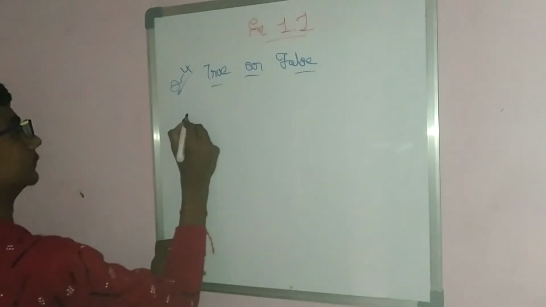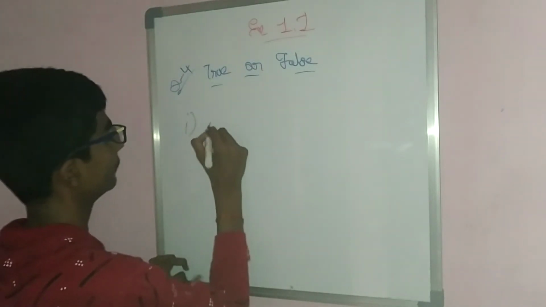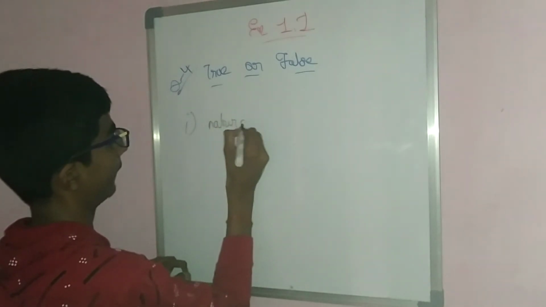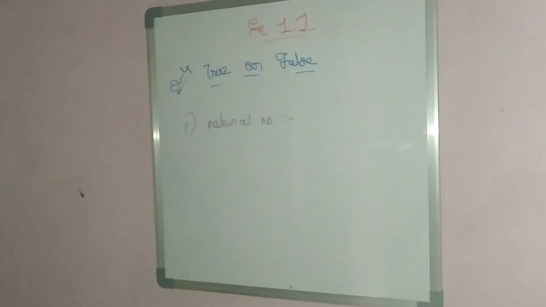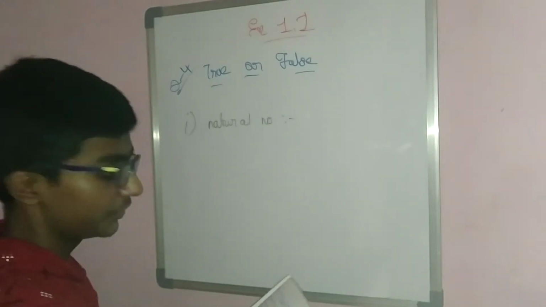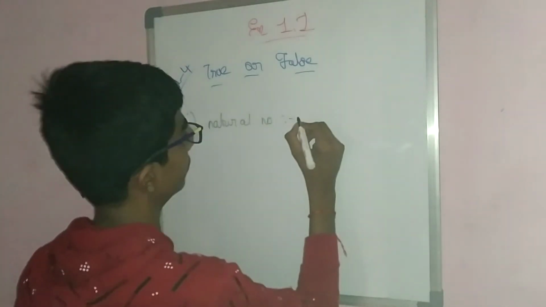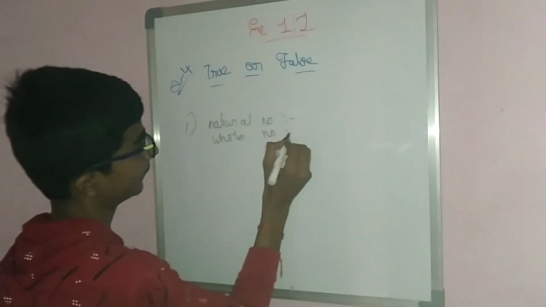The first one is: every natural number is a whole number. We will write it like this.